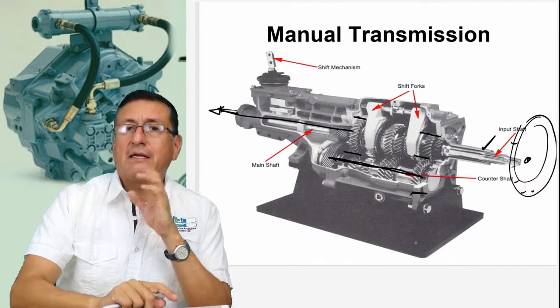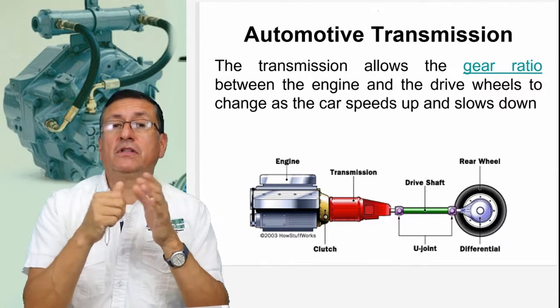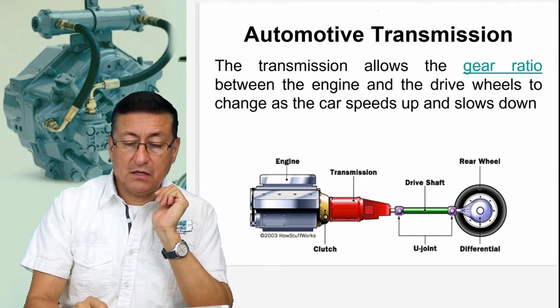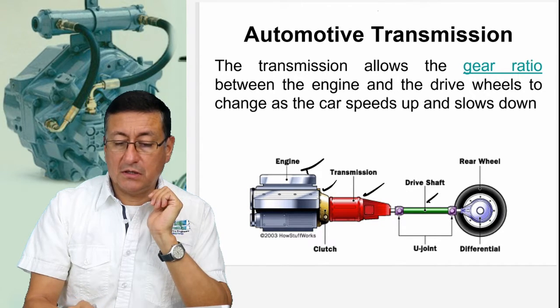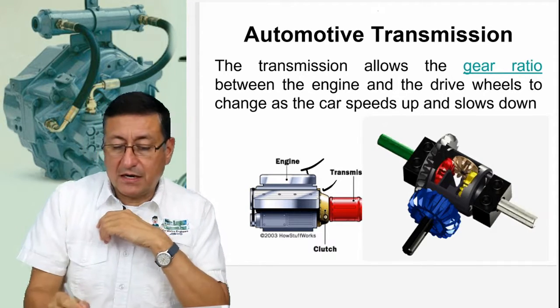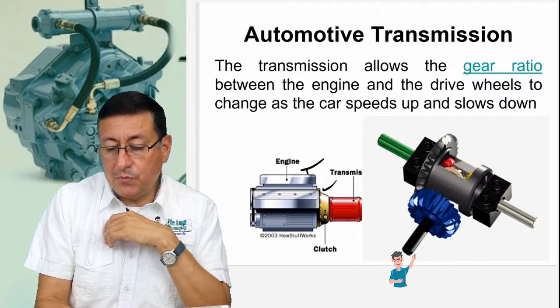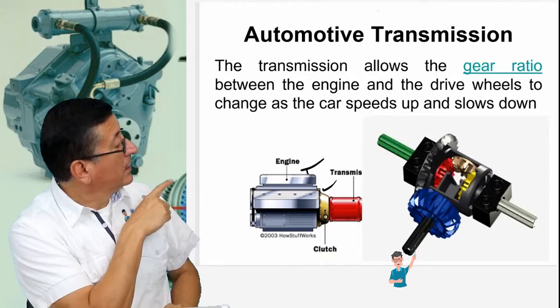Okay, my friends, yes, the automotive transmission has this configuration. It's the engine here, the clutch, the transmission, the drive shaft, and the differential in the back. That's the differential. The differential receives the input shaft here, and the outputs are moving like this.